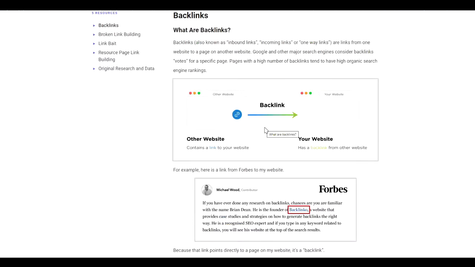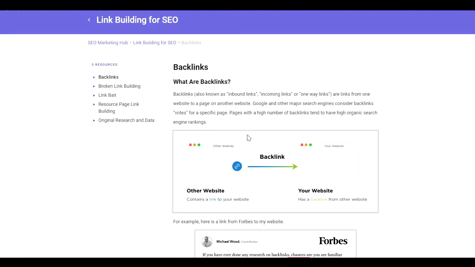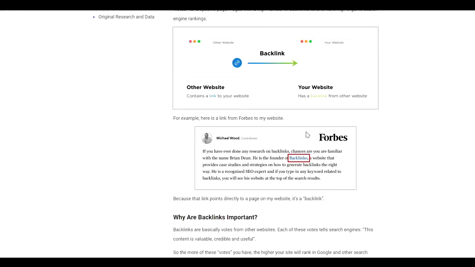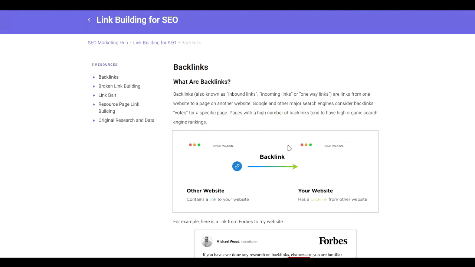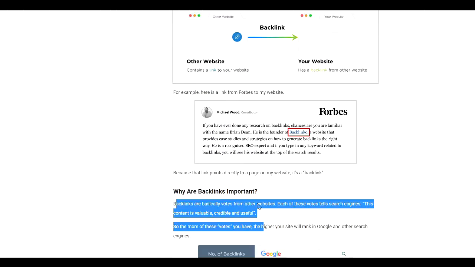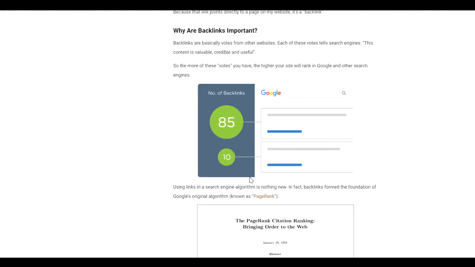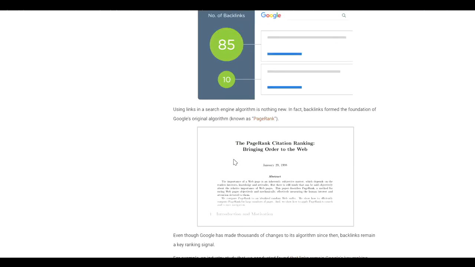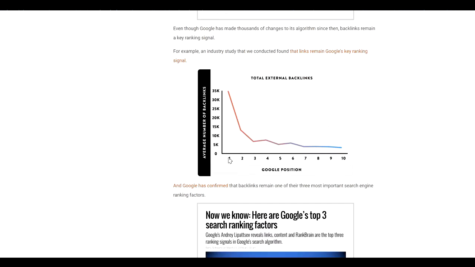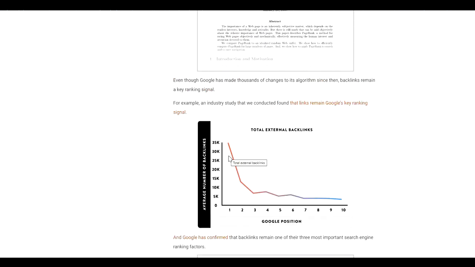So a person who does not know backlinks, who lands on this page and reads this, is probably thinking, why are they important? And then they're going to read this, and then he provides another image explaining more, and then he goes deeper into it, providing statistics and whatnot, just increasing the overall user experience.